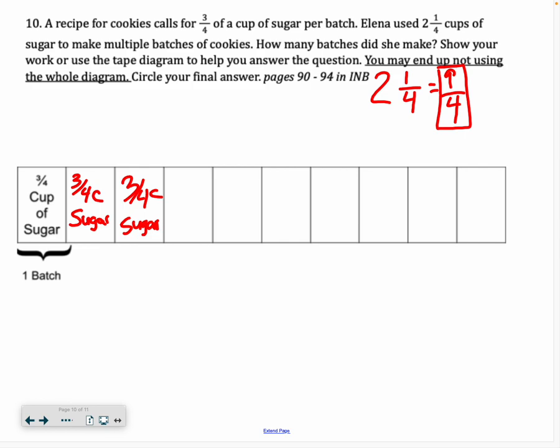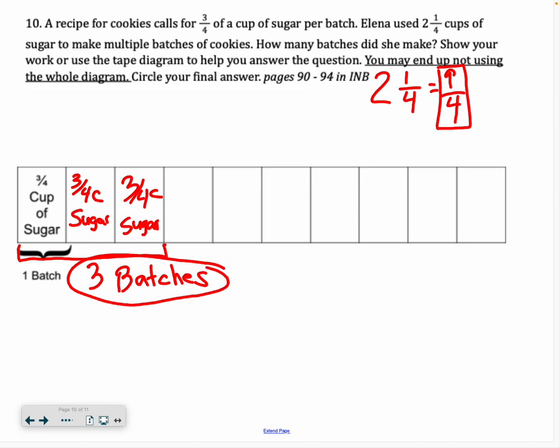So it only took 3 batches to get to 9/4, or 2 1/4. And so that is my answer, because the question is how many batches did she make? She made 3 batches of cookies.